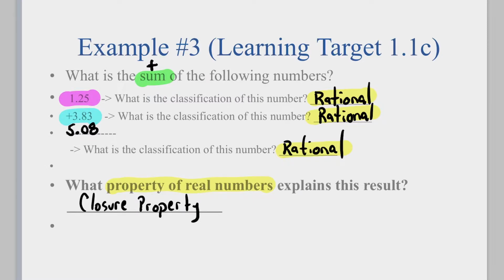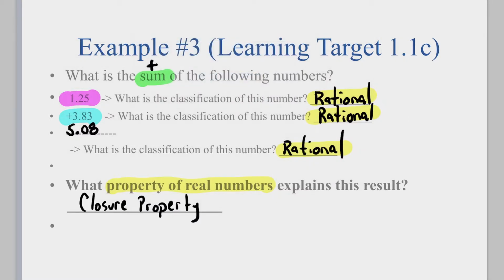So we use the closure property to show that two rational numbers added together resulted in a number classified as rational. And lastly, the addendum to the closure property was that it holds for all real numbers for addition and multiplication.